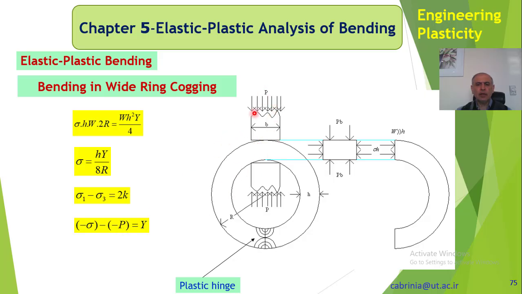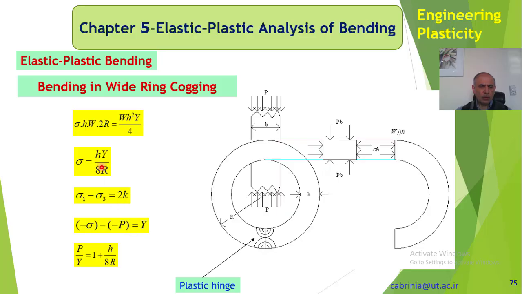I forgot to say that this p is the load, is the pressure, and here we have multiplied it by b and multiplied by w gives us the force. Now instead of sigma 3 we have put minus p, and instead of sigma 1 we've put minus sigma, because it's compressive. That is compressive and that is compressive. So we get here minus sigma minus p is equal to y. 2k is equal to y.